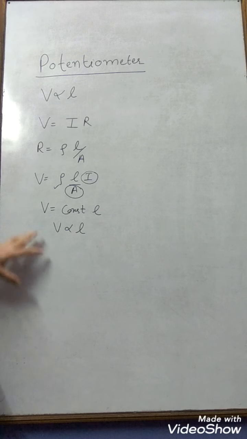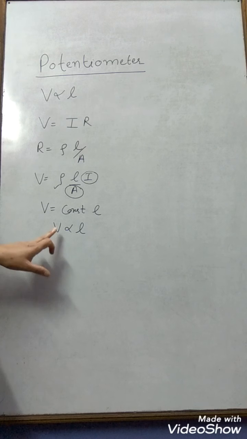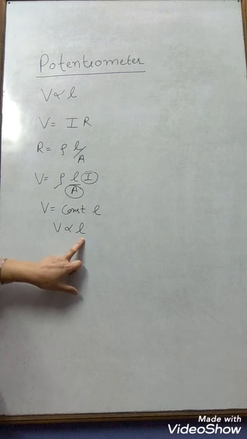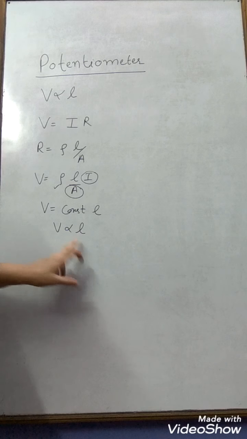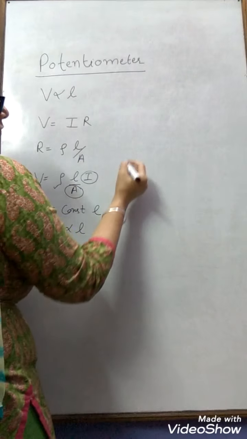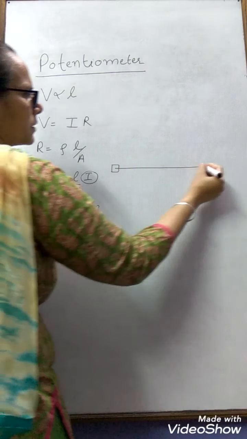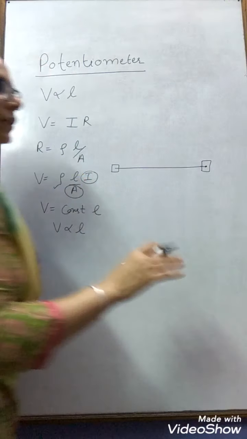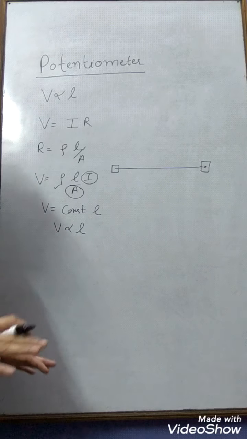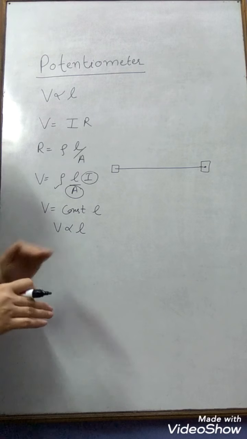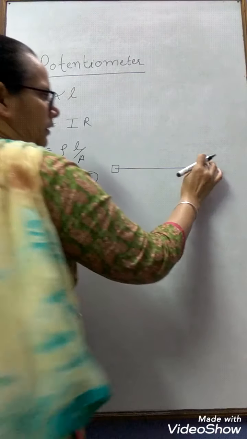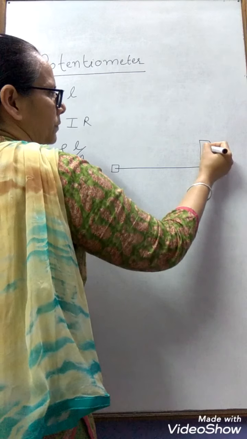For constant current and for uniform cross-sectional area, potential drop, potential difference is proportional to the length of a wire. And what is the construction for this? In this, we have the 400 centimeter wire, that is in 4 segments, 100 centimeter each. Then how we draw this?